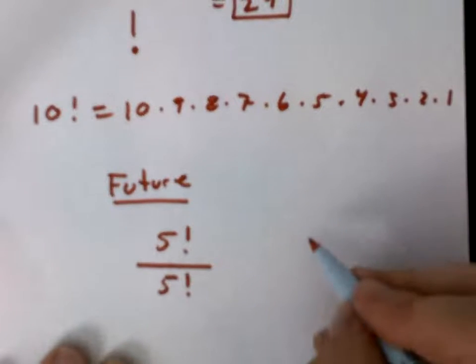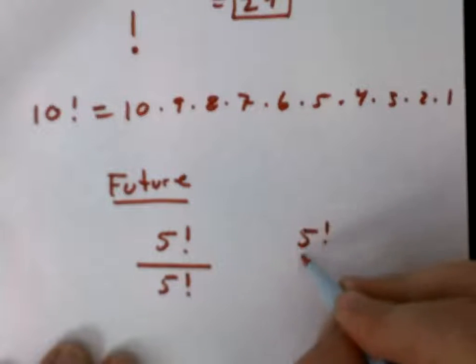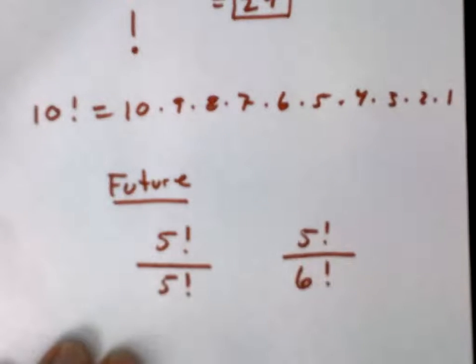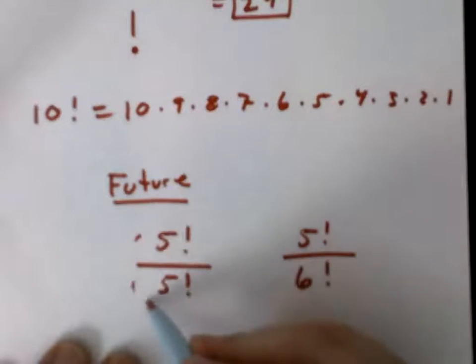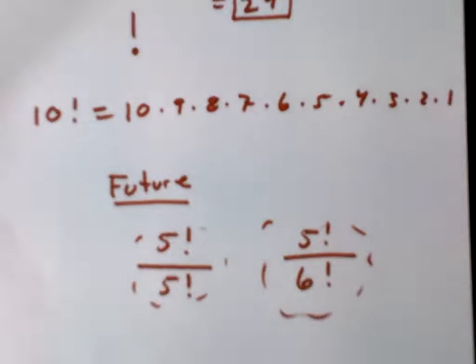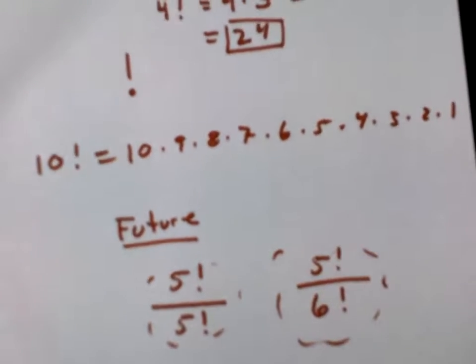I also want you to try this: what if I had 5 factorial all divided by 6 factorial? What do you think would happen with these two? It's a little fun to spark some interest.